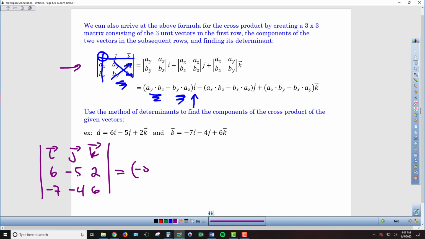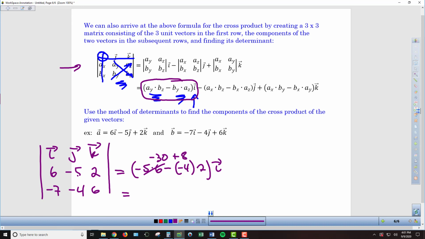So I'm going to multiply -5 times 6, and then subtract -4 times 2, and that's times I. If we continue on, we're going to get -30, and then minus -8, so plus 8. So we're going to get -22 as our I component. Hopefully that rings a bell from that example. The same two vectors that we found the cross product of before, we got the same result.